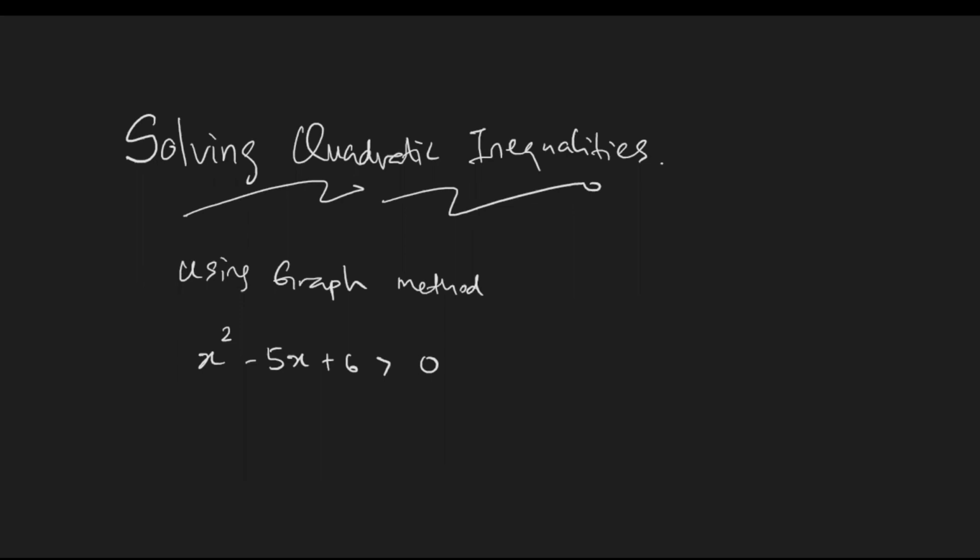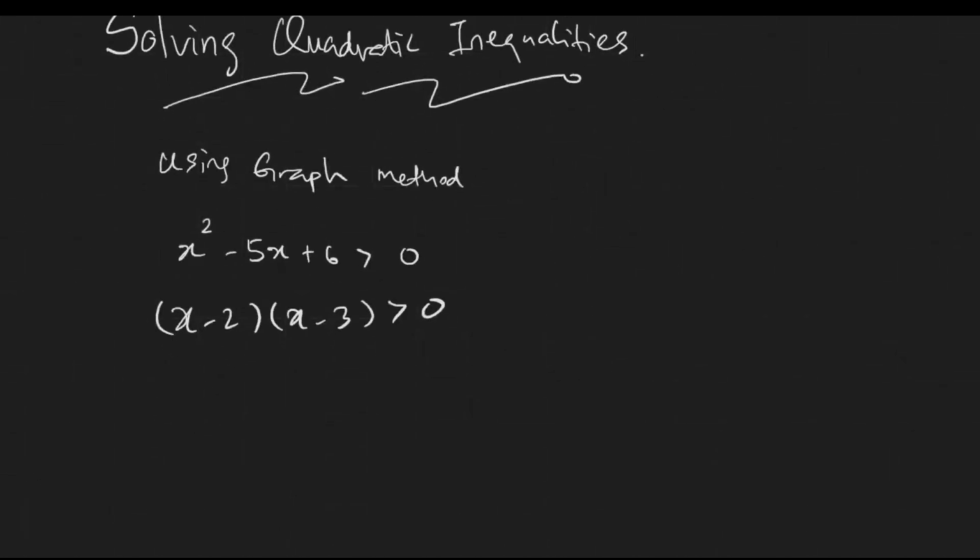The first question, we will use the graph method. We have this inequality, and we're going to solve it the way we used to, by putting the roots in. Once you have done the roots, because you're solving it by graph, this is a U shape because the a here is positive, more than 0, because it is 1.